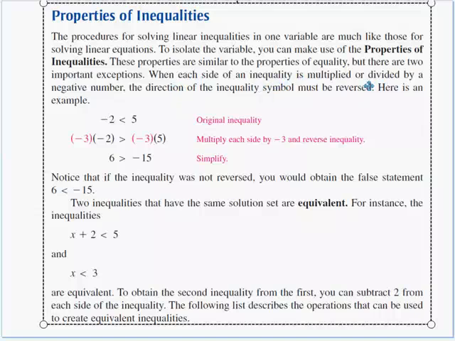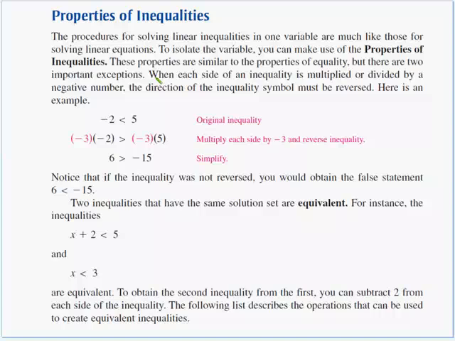When each side of an inequality is multiplied or divided by a negative number, the direction of the inequality symbol must be reversed. Here's an example. Negative 2 is less than 5. If I multiply both sides by negative 3, I'd get negative 2 times negative 3 is 6, and negative 3 times positive 5 is negative 15.